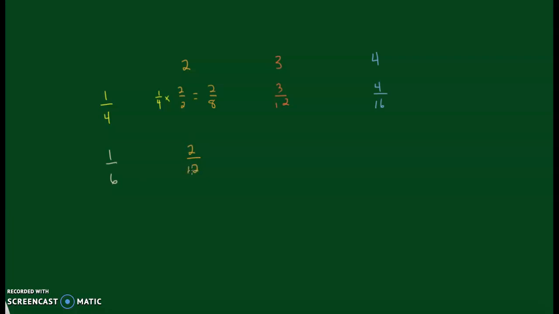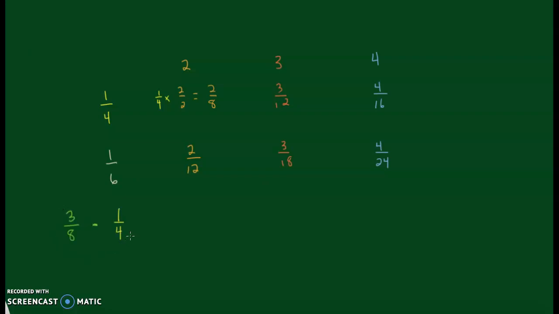So 1/6 and 2/12 are equivalent. 1 times 3 is 3, and 6 times 3 is 18. So 3/18 and 1/6 are equivalent. And 1 times 4 is 4, and 6 times 4 is 24. So 4/24 is equivalent to 1/6.